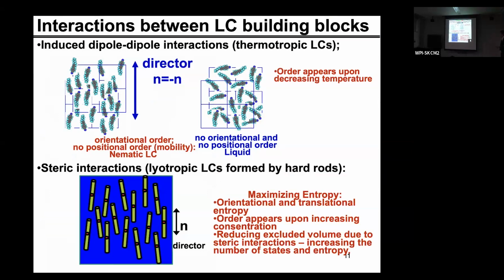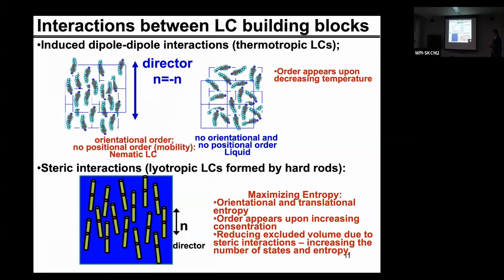So the liquid crystals can be of two different types. They can appear in a certain temperature range as we are changing temperature. And in that case, they are called thermotropic, right?